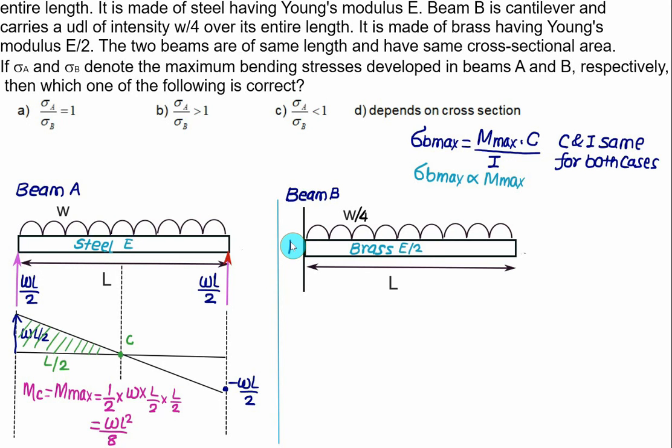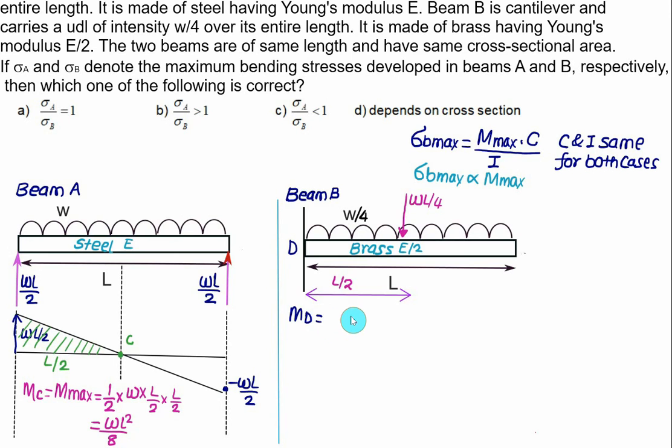Let's say the support is D. To find this value, we can convert the UDL into an equivalent point load. The equivalent point load will be W into L by 4, WL divided by 4, and this load acts exactly at the halfway point, that is L by 2. So the maximum bending moment occurs at point D.